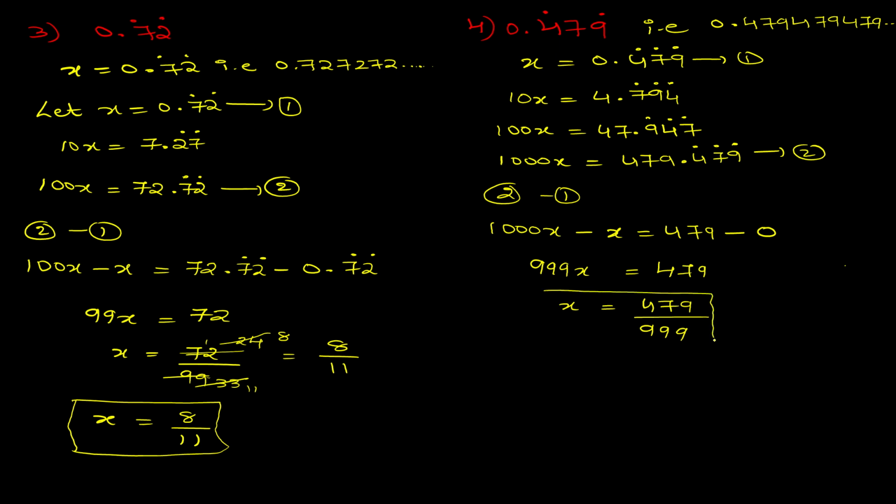This is a fraction. If it is possible to simplify, you can simplify. Since it's not possible to simplify by 9, by 3 and 2, neither 5, we can better keep it as it is. And if you put this in the calculator, you're going to get the same numbers.